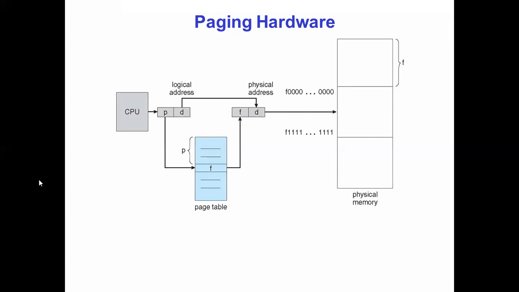Now in this case, you can see the CPU, the central processing unit, generates the logical address. Here P indicates the page, and this is the offset D. So any process in the CPU will generate the logical address, and after this it will go towards the RAM, random access memory, where we get the physical address.